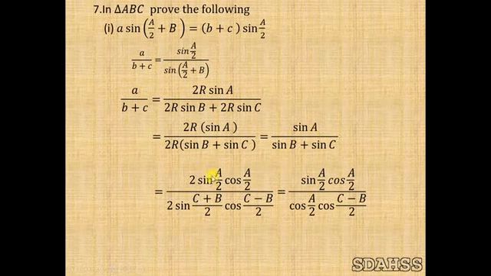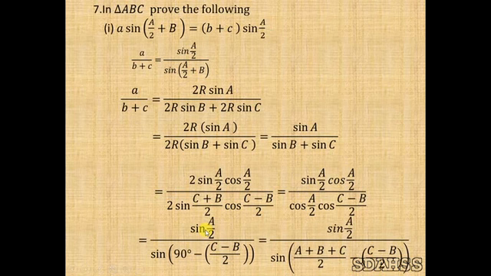We know that sin A is equal to 2 sin A/2 into cos A/2, divided by, here you have to apply the formula, that is 2 sin (C plus B)/2 into cos (C minus B)/2. 2 cancels, so remaining sin A/2 into cos A/2 divided by, in the place of sin (C plus B)/2 we can write sin (90 minus A/2). Sin (90 minus A/2) is cos A/2, into cos (C minus B)/2. Cos A/2 cancels, so you have sin A/2 divided by cos (C minus B)/2.